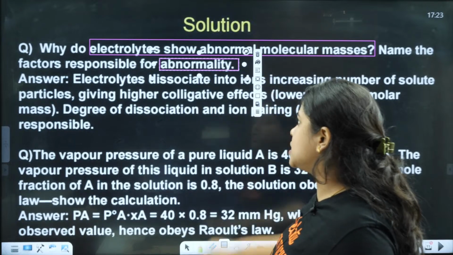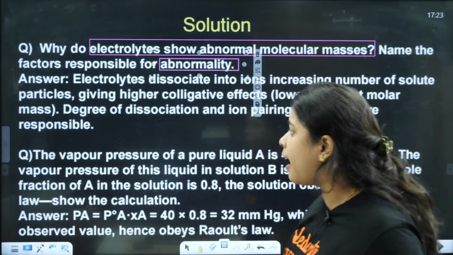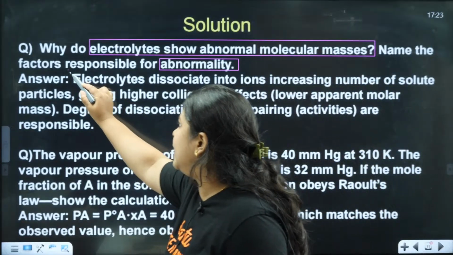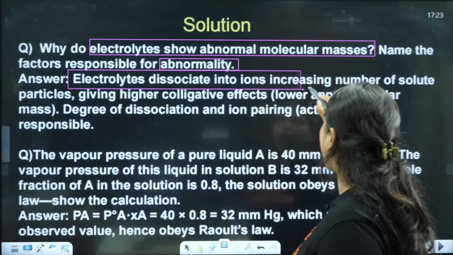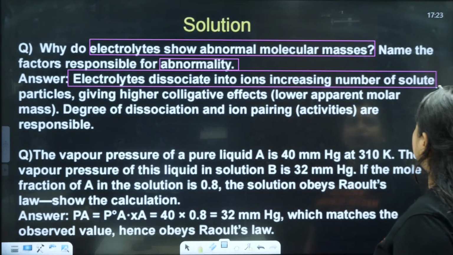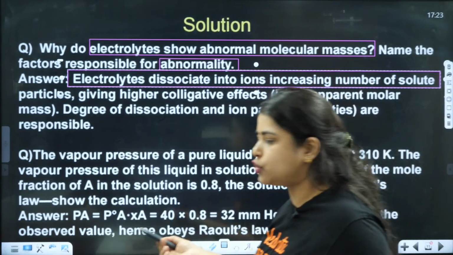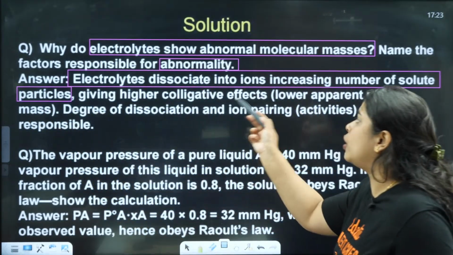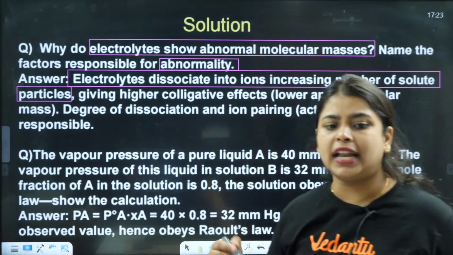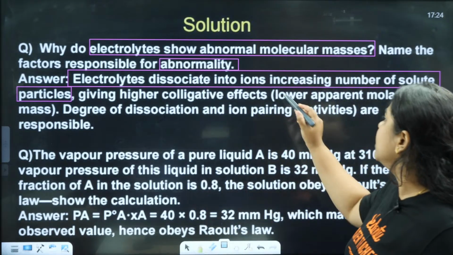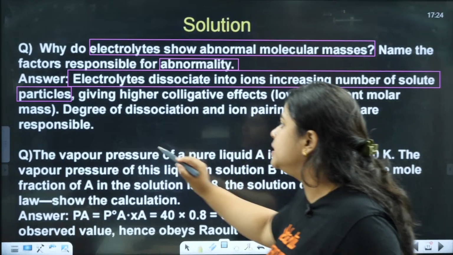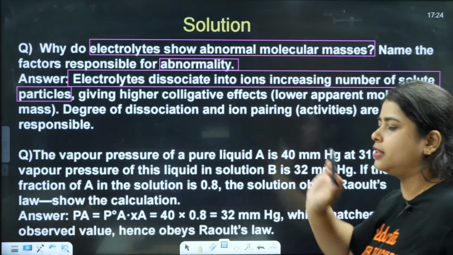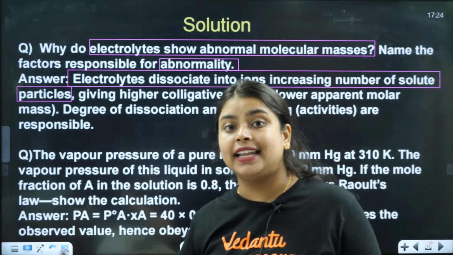Electrolytes dissociate into ions, increasing the number of solute particles, which gives a higher colligative effect and a lower apparent molar mass. Degree of dissociation and ion pairing are responsible.